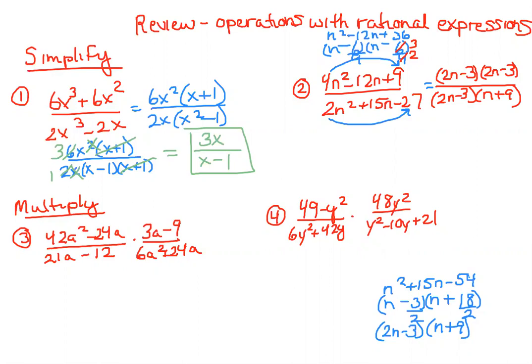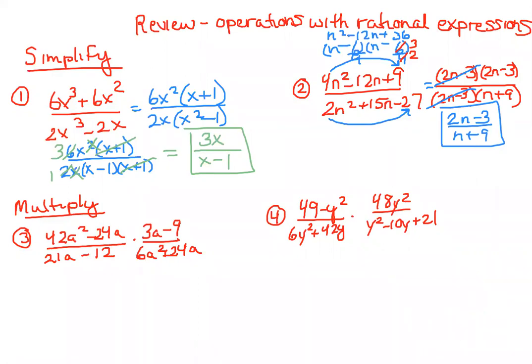And what can we cancel? 2n minus 3 and 2n minus 3. So our answer is 2n minus 3 over n plus 9. And that is our answer. Whew, that was kind of complicated. All right, I'm going to erase this right here so I have more space. Let's see if I can fit this all in.